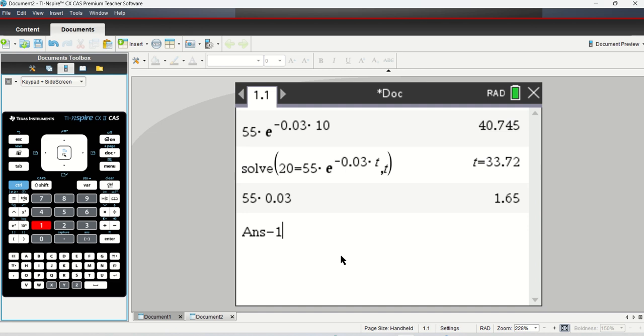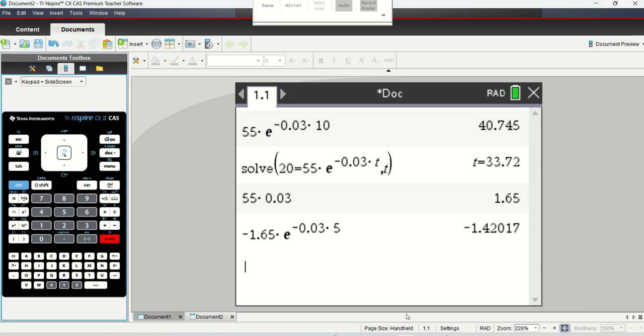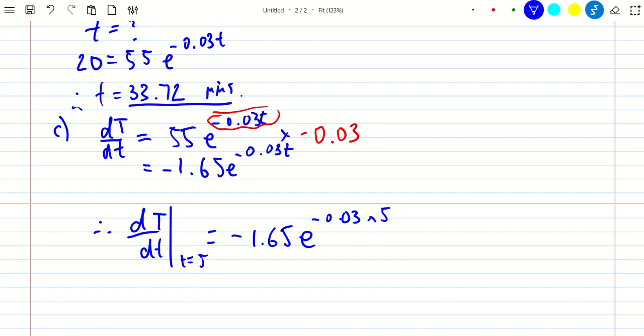It was negative 1.65 e to the power negative 0.03 times 5, and we get negative 1.42. Okay, so negative 1.42. Just remember that negative.